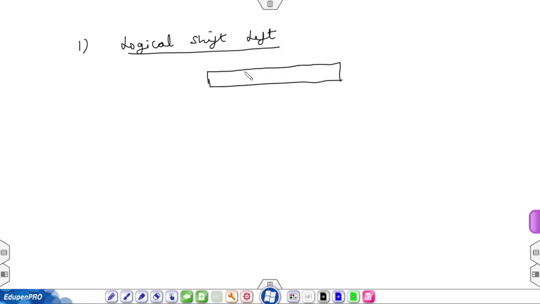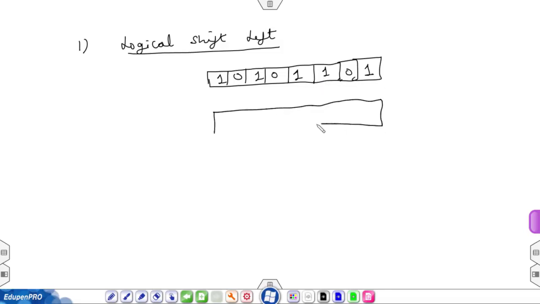Suppose we have 8 bits. You can take any number randomly. Now these are 8 bits, and we have to perform the logical shift left operation on these bits.